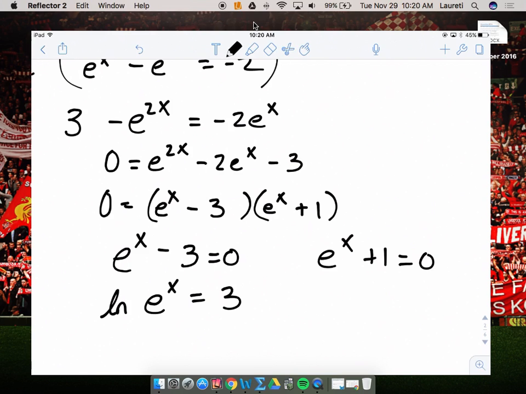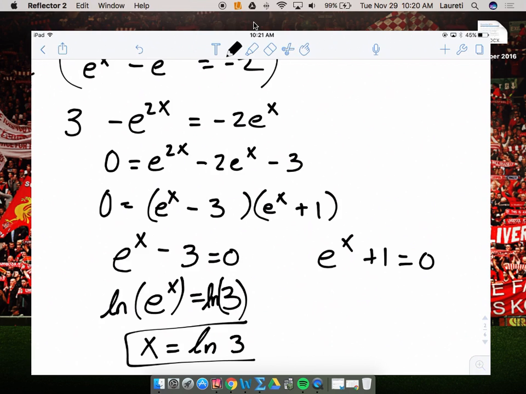Good. So x equals ln of 3. And then the other one, you have e to the x equals negative 1. Is that possible? No, right? So that one you're done. So your only answer here would be ln of 3.